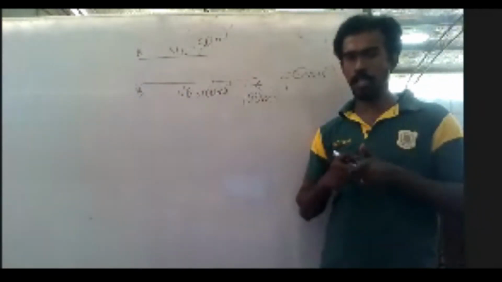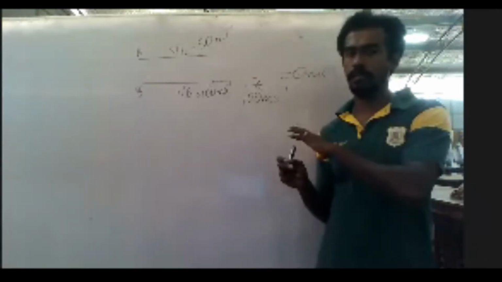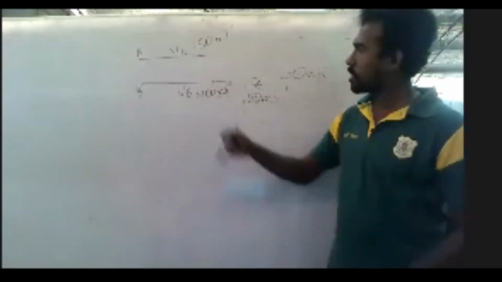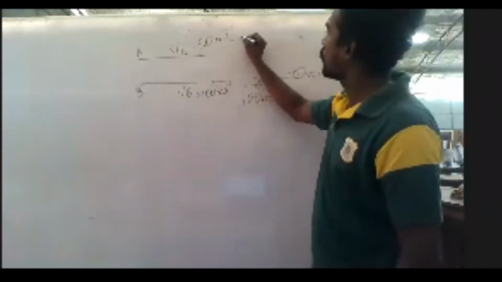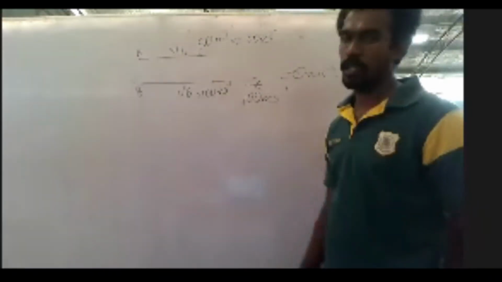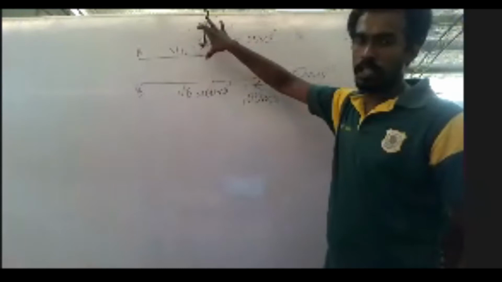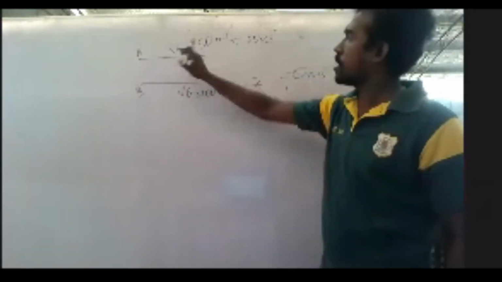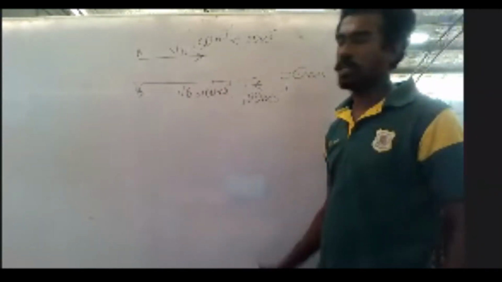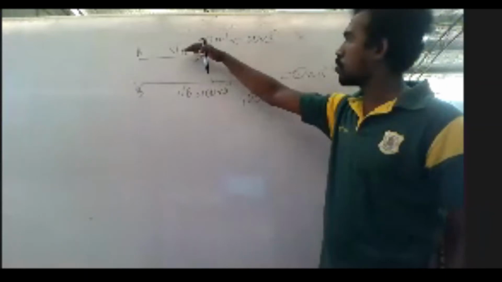Now I am going to see how much the velocity of A is with respect to B. Since I have stopped B by applying 100 meter per second, I am going to do the same for A also, applying 100 meter per second here. Now the resultant of A is VA, 50 meter per second this way, and I am applying a velocity, not a force, of 100 meter per second this way.